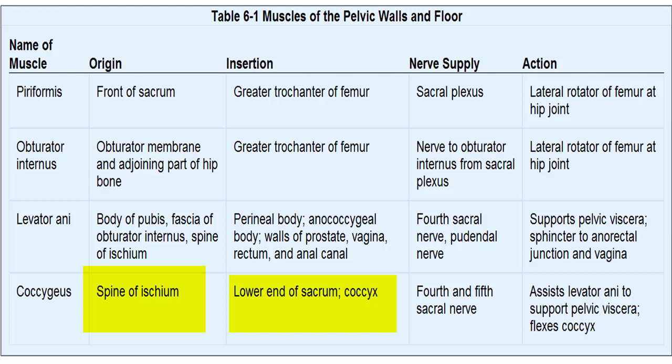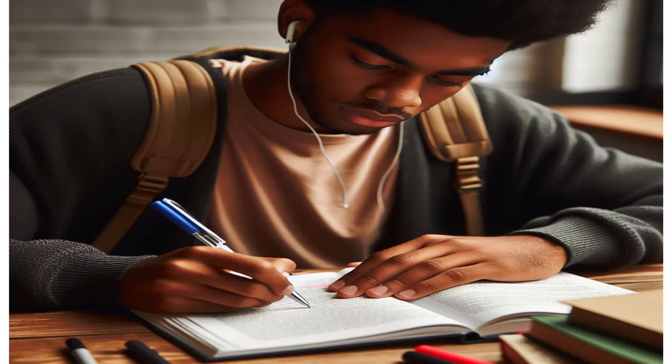So after covering the details of the muscles of the pelvic floor and the function of the levator ani muscle, I will tell you some important points related to the pelvic floor.